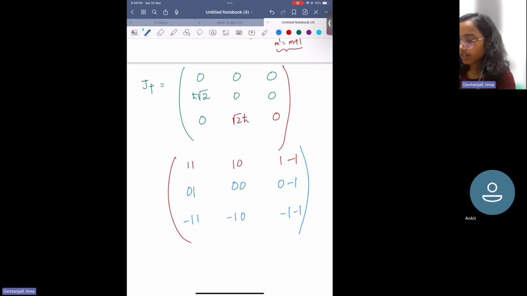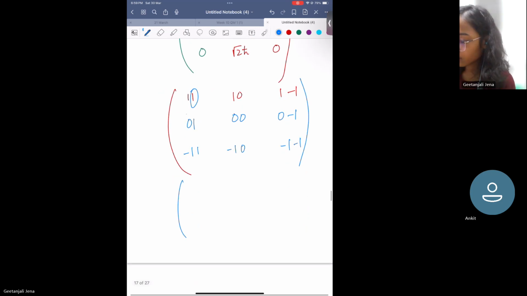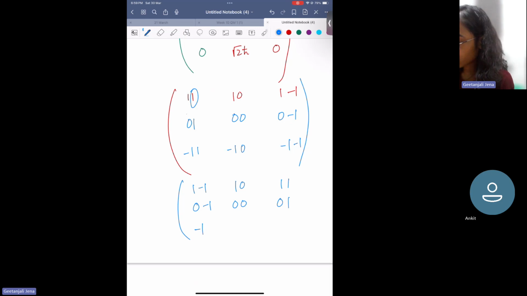So this is how I calculated it, but you can calculate in a different way also. Instead of starting from 1, you can start from minus 1. So you can take it as 1, minus 1, 1, 0, 1, 1. Then 0, minus 1, 0, 0, 0, 1. Then minus 1, minus 1, minus 1, sorry, 0, 0, 0.